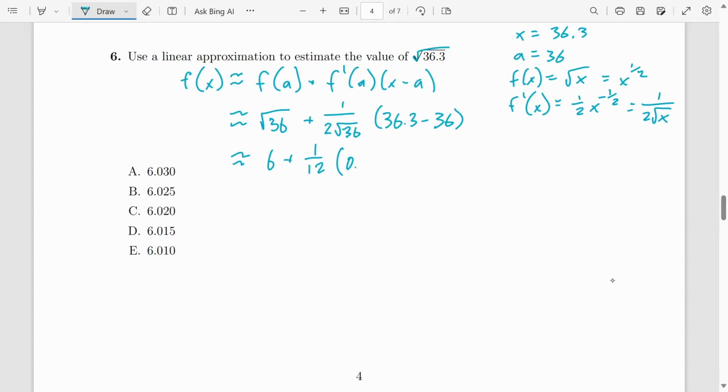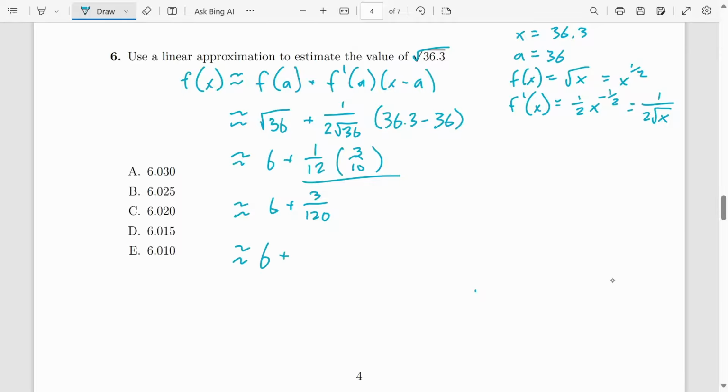That is 0.3. Now combining a fraction and a decimal, that's not very fun, but doing that anyways, we get 6 plus, well, 0.3 can be rewritten as 3/10. So this is the same as 3 over 120. We can simplify this even further. We have a common factor in both the numerator and the denominator.